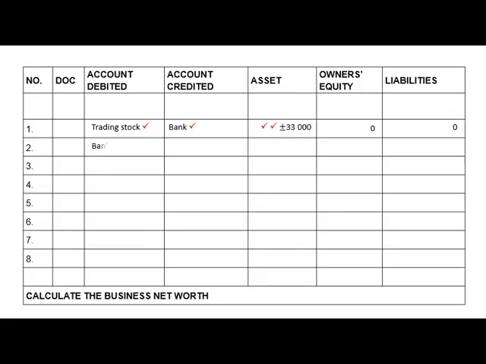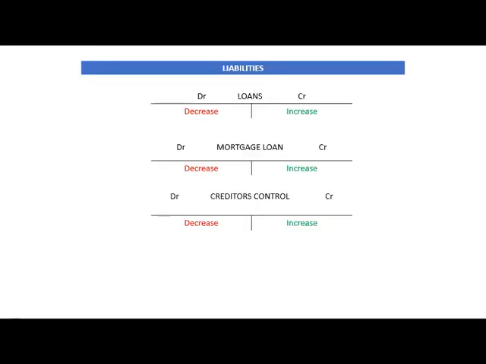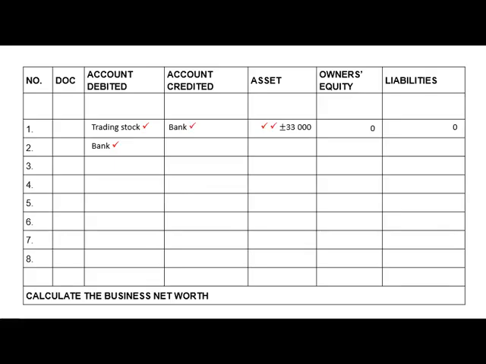We're getting more money. And how did I get this money? By taking a loan. Loans fall under liabilities. If I take a loan, it increases what I owe, and liabilities increase on the credit side. That is why I am going to credit loan as well as the name of the bank that I took the loan from, which is Nerd Bank.